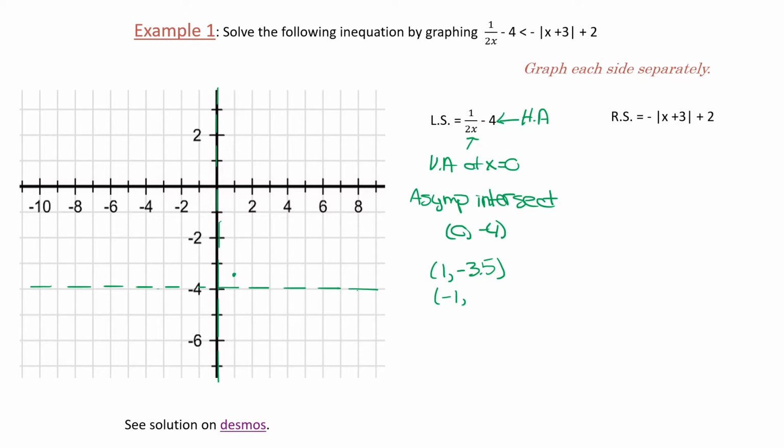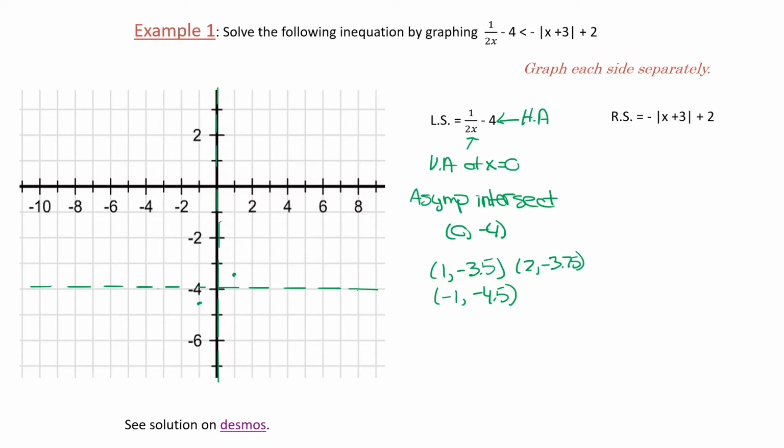Sub in a -1, that's going to be -4.5. So I know what it's going to look like because I know what the parent graph looks like. It's squeezed in a little bit because of that horizontal compression. You can sub in as many as you're comfortable with, but really you just want to get a few points correct. This is going to be -3.75, and that's giving me a good enough idea of what's happening here.